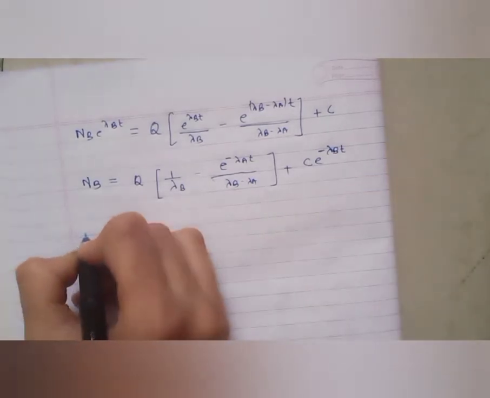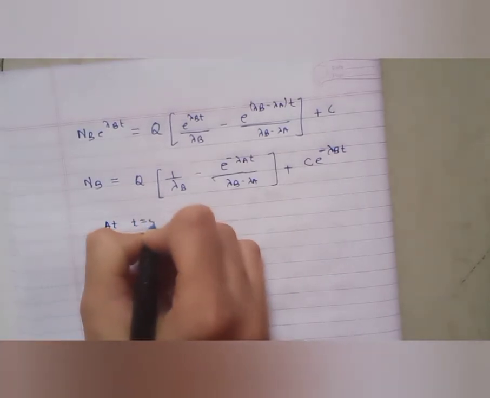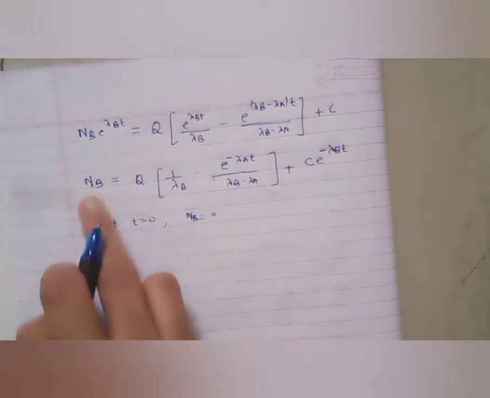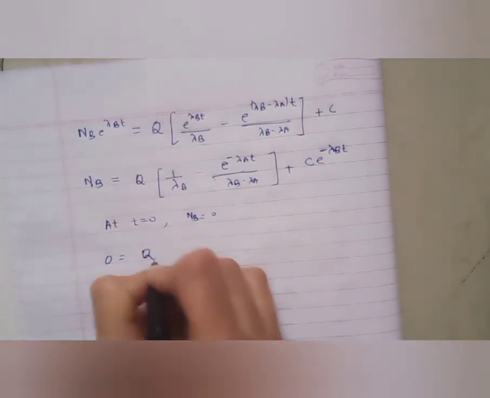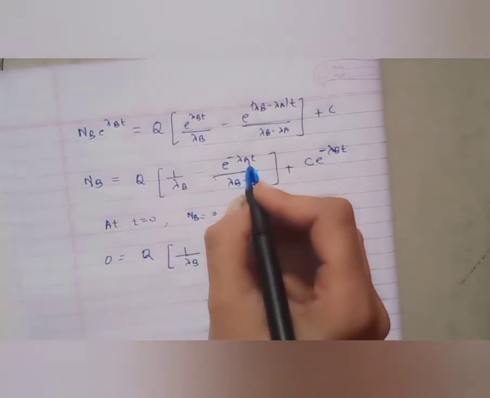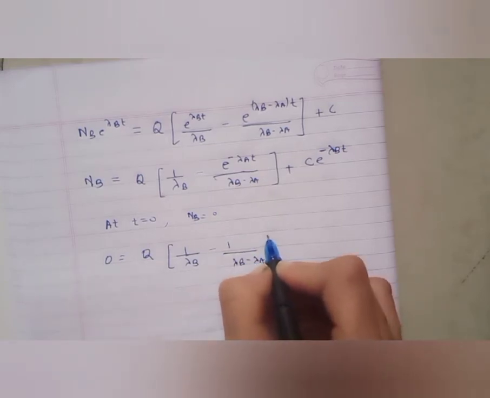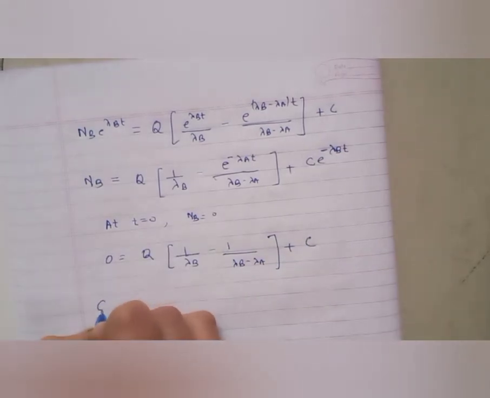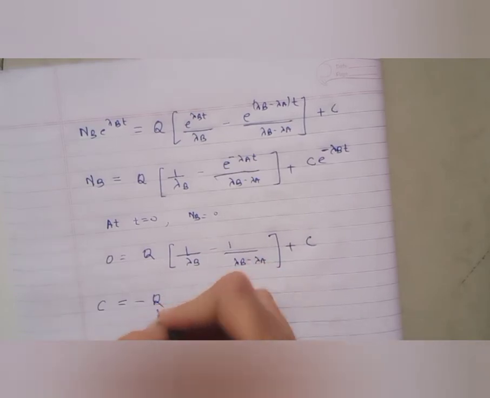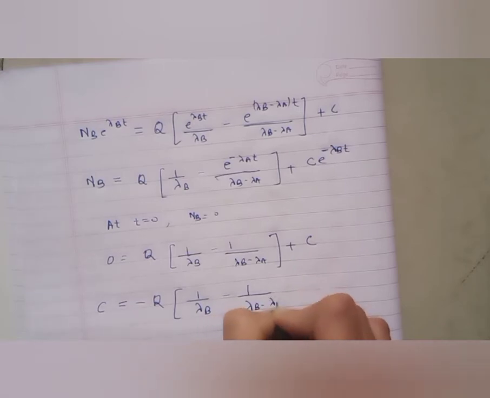Now we have to find the value of this constant. At t equals 0, Nb equals 0, since Nb had not formed yet. So 0 equals q times (1 upon lambda b minus e raised to 0, which is 1, upon lambda b minus lambda a) plus c. So c will be minus q times (1 upon lambda b minus 1 upon lambda b minus lambda a), shifting this term to this side.